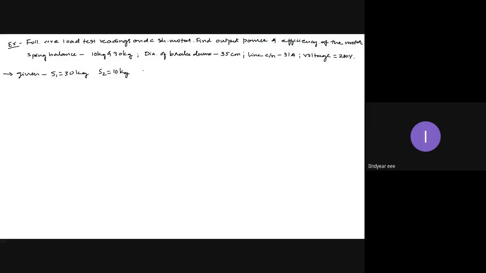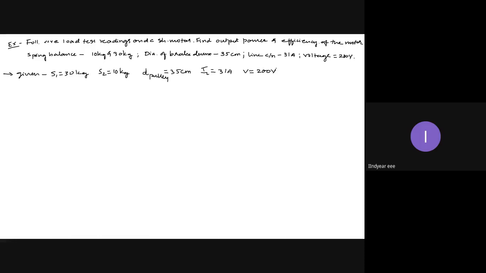The diameter of the brake drum pulley is 35 centimeters. Line current IL is 31 amperes. Voltage V is 200 volts. So these are the given things.